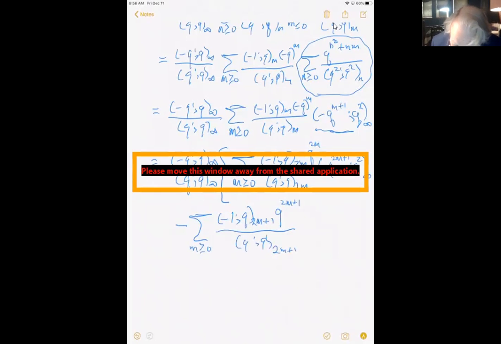The infinite product is now minus q to the 2m plus 2 semicolon q squared infinity.